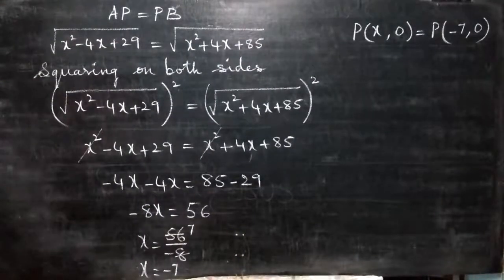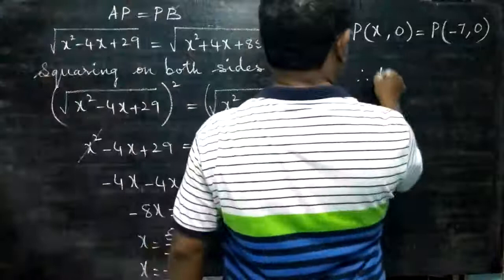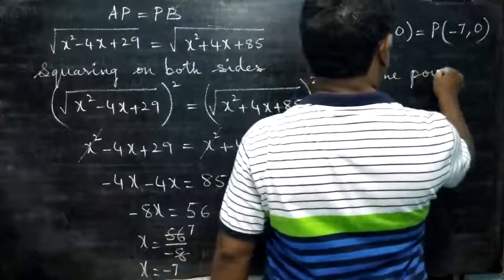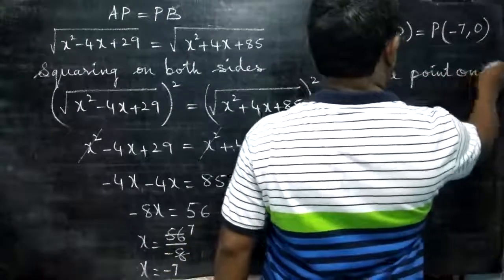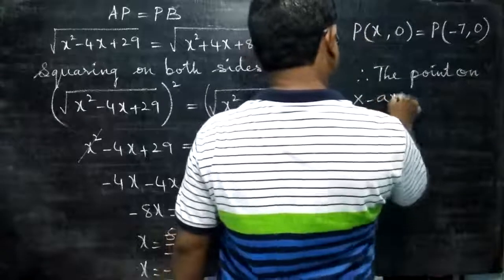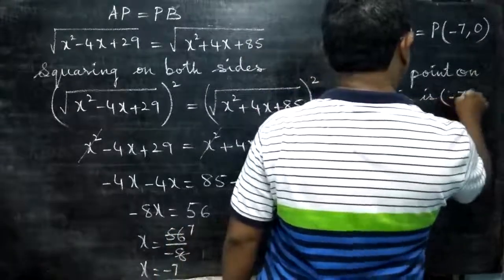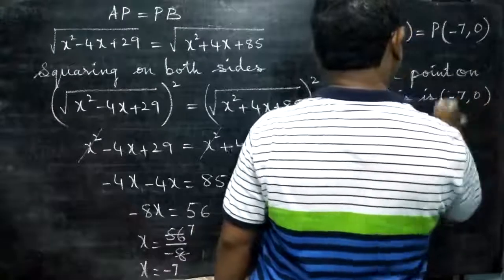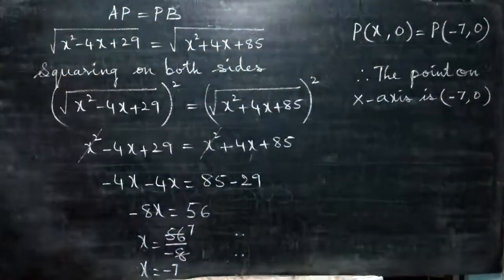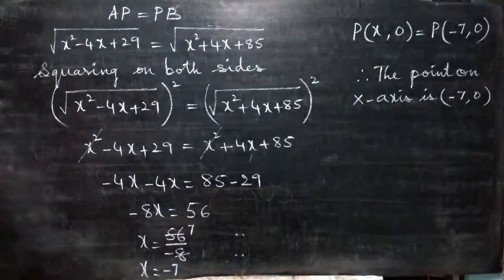Therefore, the point on the x-axis is (-7, 0). That is the way of solving this problem. If it is a y-axis, you take (0, y) and solve. This is x-axis, so we have taken (x, 0) and here we got (-7, 0).